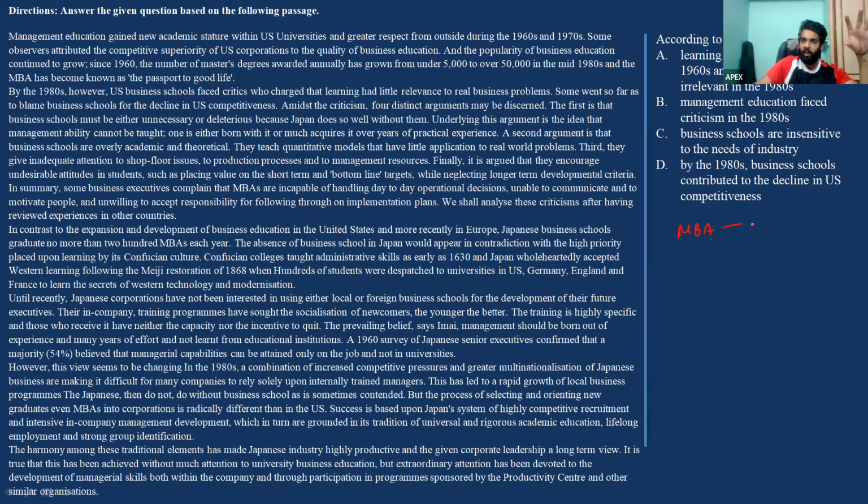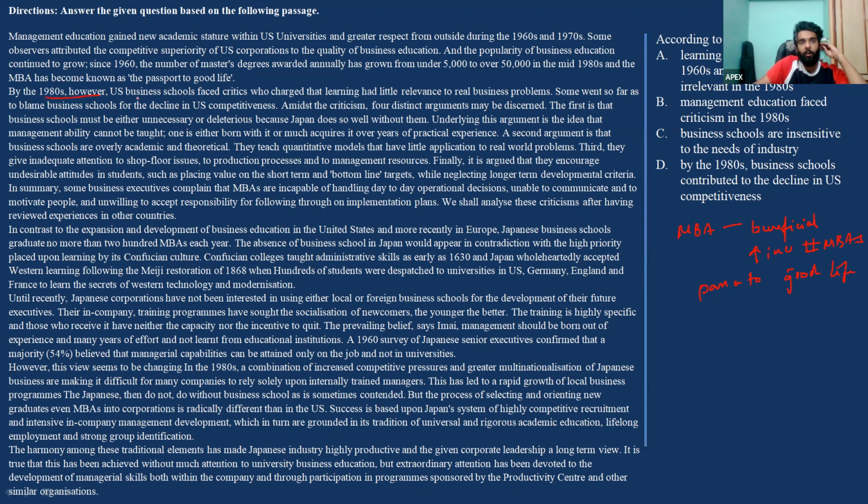So we have seen that MBA over here is beneficial. Okay, and so we see that there's an increase in the number of MBAs. And why is this? Because of some kind of a passage to good life. So let's say passage to good life. Now the rest of it, here comes the 1980s.